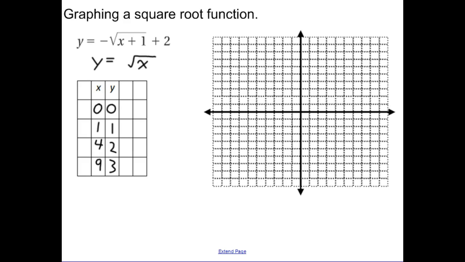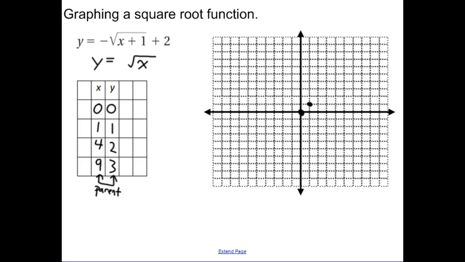Okay, and I can plot these points right here. This is my parent function. I'll just write that in there. And I can plot these 4 pairs of points. So 0, 0, x equals 0, and y equals 0. X equals 1 and y equals 1 is right here on my graph.